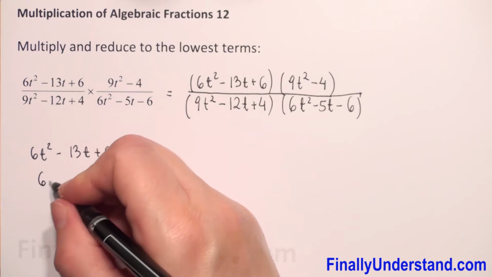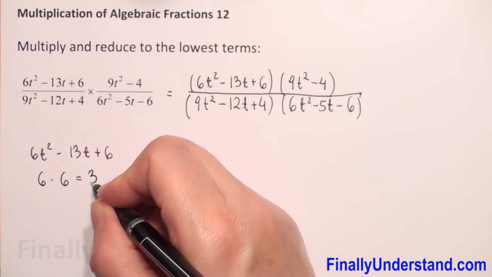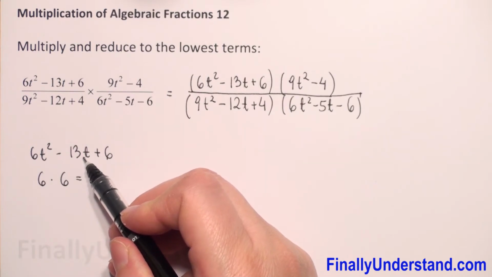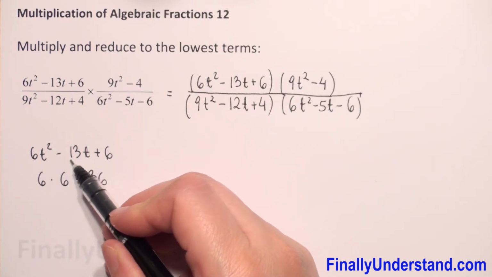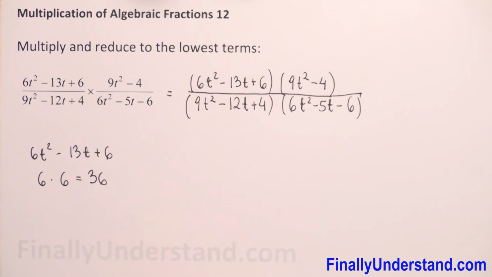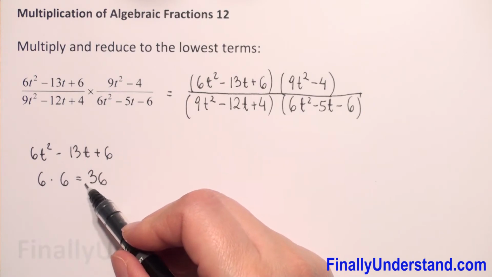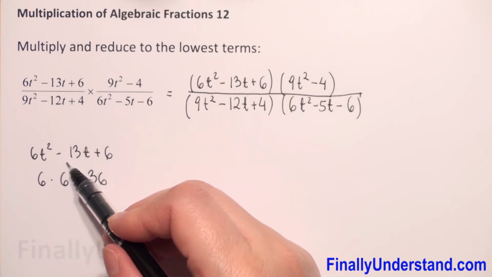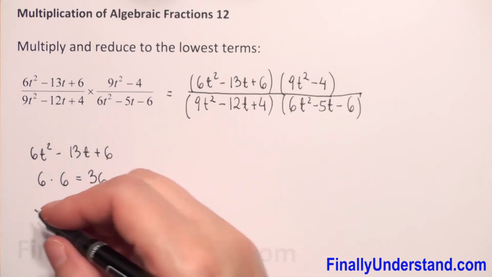So we have 6 times 6 is equal to 36, and we have to check the coefficient before t is negative 13. So we need to find two numbers which, when I multiply, I will have 36, and when I add them, I will have negative 13.